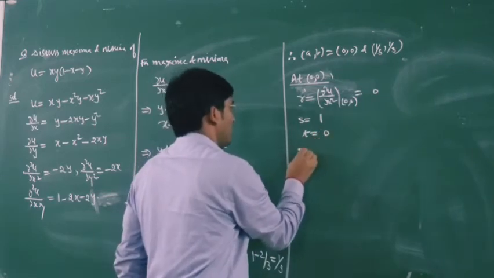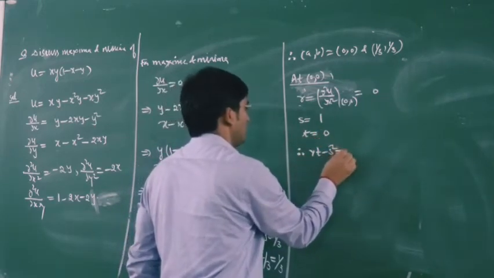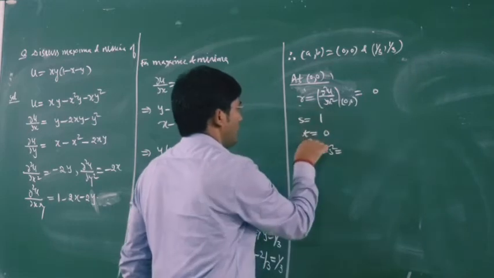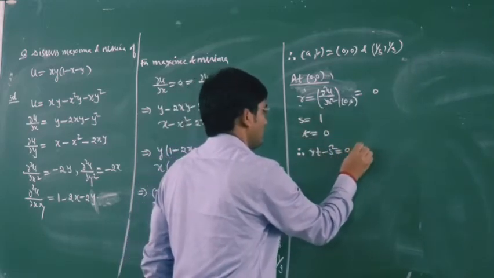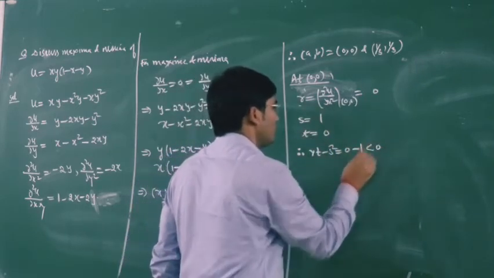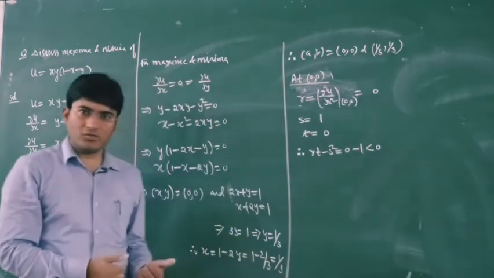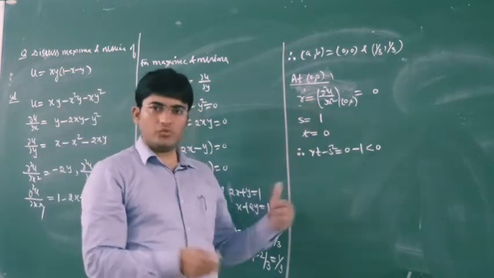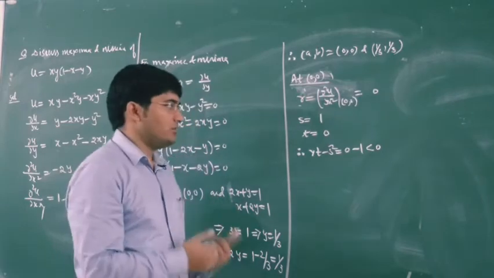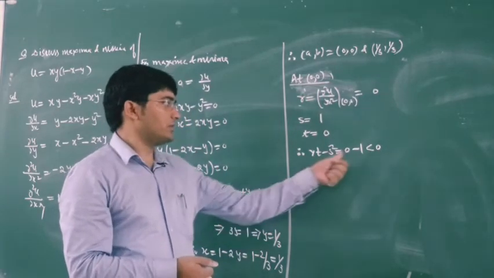So therefore your RT minus S square is equal to 0 minus 1, so this is less than 0. So now if RT minus S square is less than 0, that means we do not have any maxima or minima at this point because it is negative.